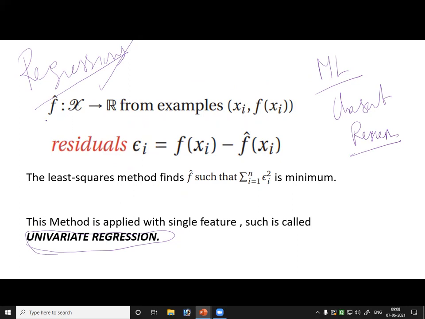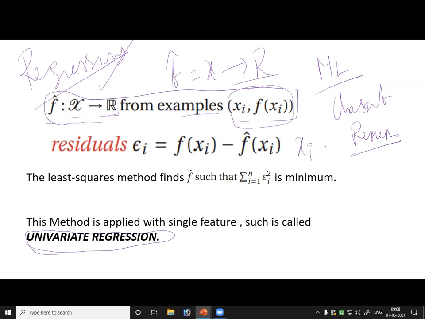This is of the form f hat: X to R, from examples xi, f of xi. F hat is a prediction of X to R from the training data.